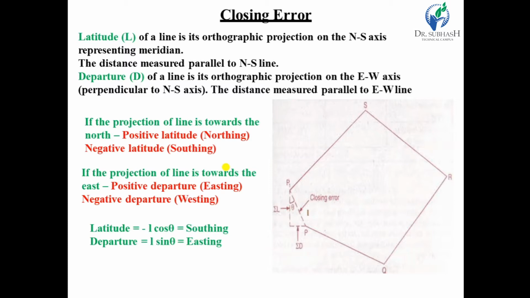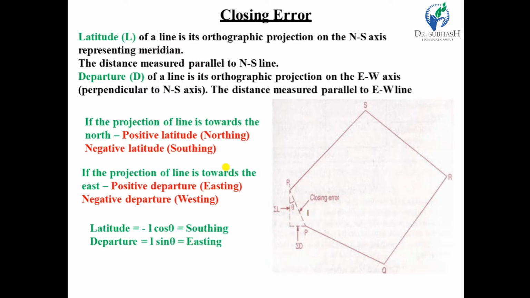If the projection of a line is towards the north, the positive latitude is called northing and the negative latitude is called southing. If the projection is towards the east, the positive departure is called easting and the negative departure is called westing.